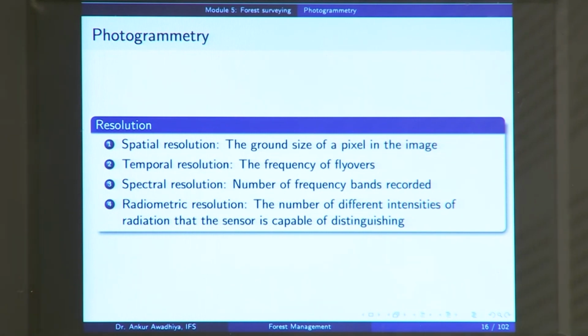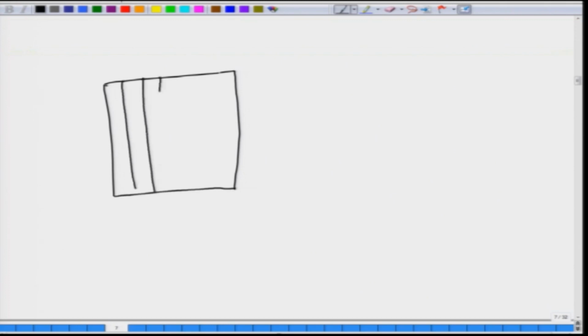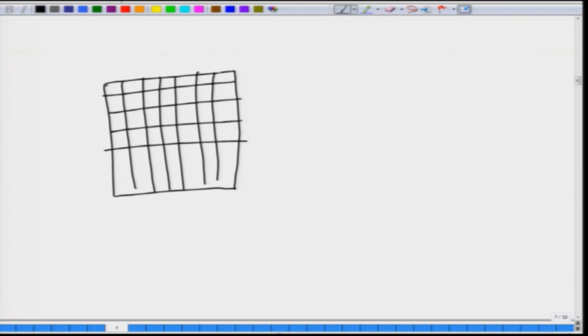So, when we were talking about the scale of a photograph, every photograph is made up of pixels. So, in the case of every photograph, you will be having the R, G and B pixels if you are talking about a true color image.